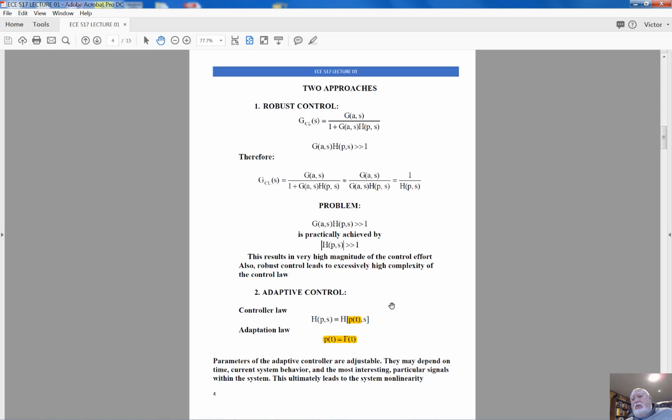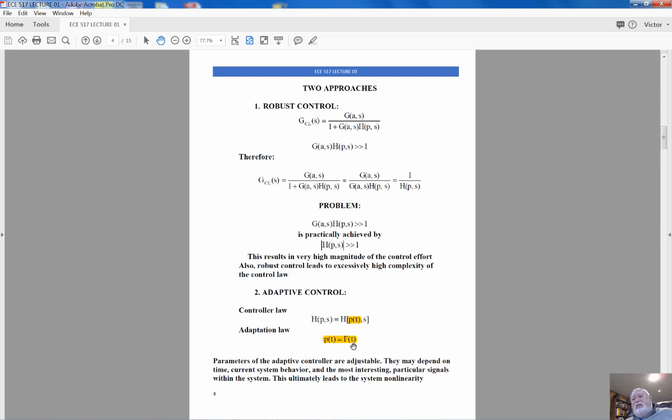It's adaptive control. There is a control law. The H(P, S) represents the transfer function of the controller, where P is a vector of parameters of the control law. These parameters could be time-dependent. These parameters could be adjustable.